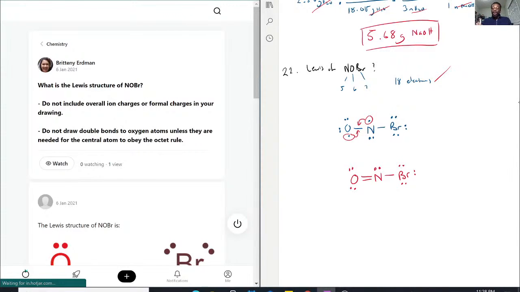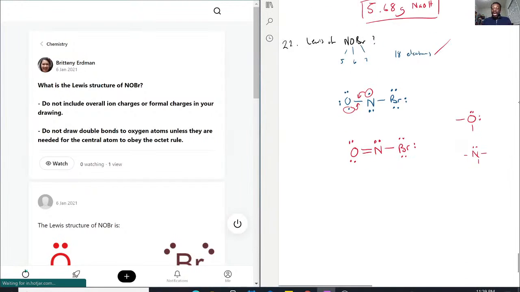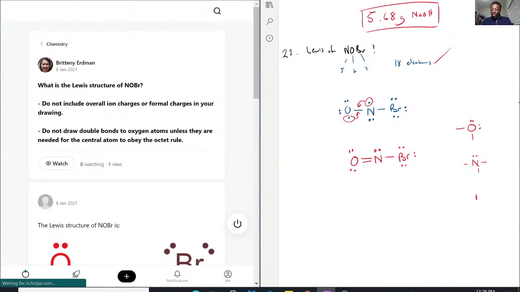Now for the formal charge, oxygen, in order for it to have a formal charge of 0, needs 2 lone pairs and 2 bonds, which is what it's doing because the double bond counts as 2 bonds. Nitrogen needs 1 lone pair and 3 bonds, which is also what it's doing because once again, that double bond counts as 2 bonds. And bromine, for it to also be at 0, likes to have 3 lone pairs and 1 bond, which is also what the bromine is doing.